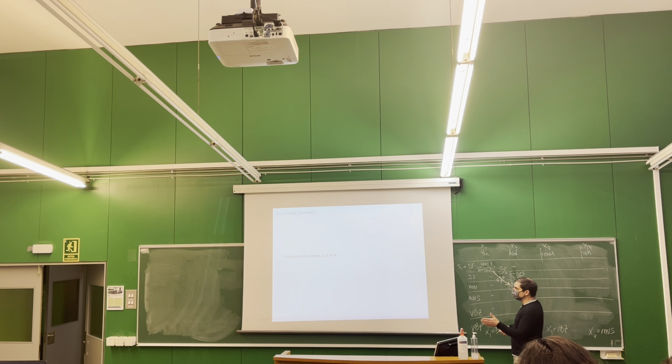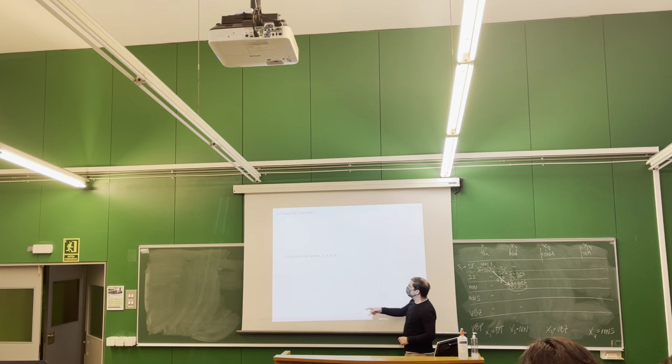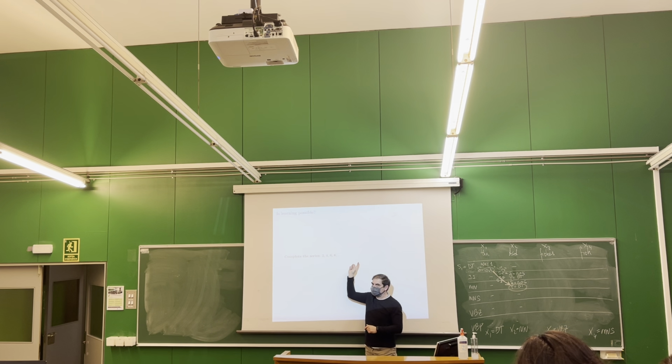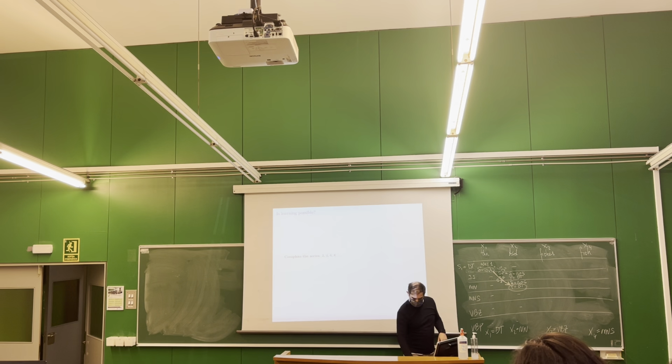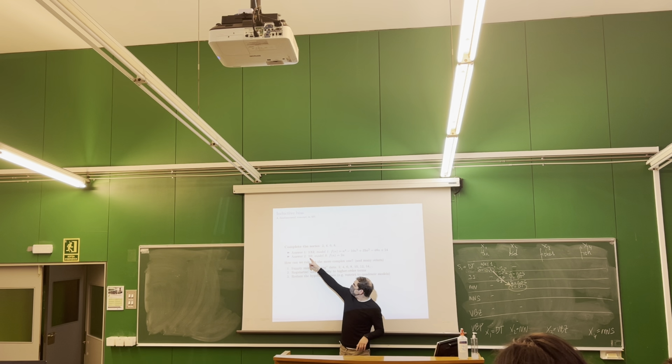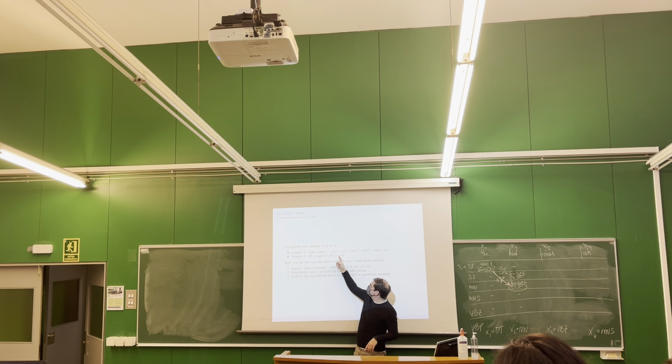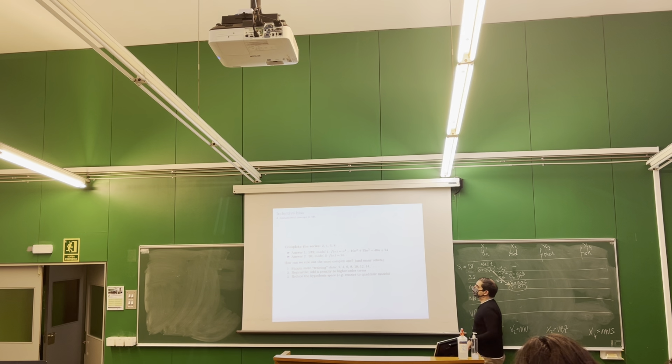Why? 2, 4, 6, 8, 10. You are adding 2 to each number, so probably the next one is 10. And that's true, this is a possible explanation. One answer is 10, and the model is this function that says 2 multiplied by n, where n is the index of the number in the series.